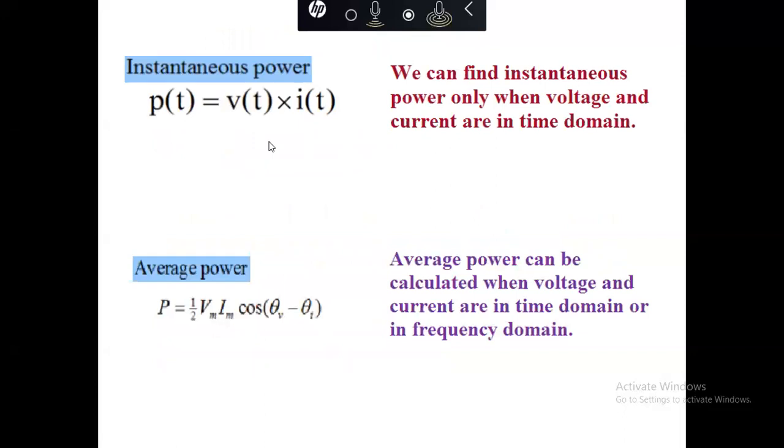We can find the instantaneous power only when we have the voltage and current in time domain. So instantaneous power is calculated in time domain, but the average power can be calculated in time domain and in frequency domain as well.